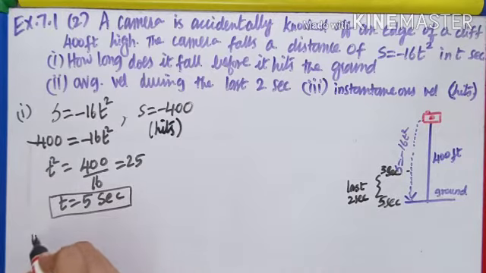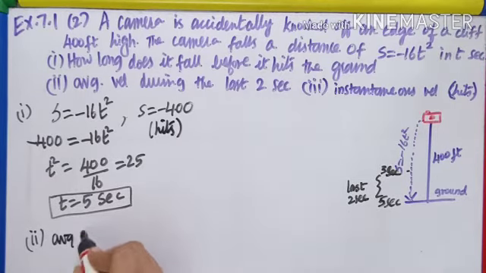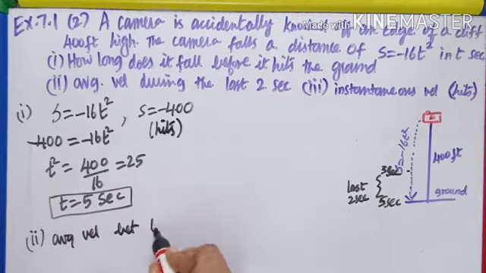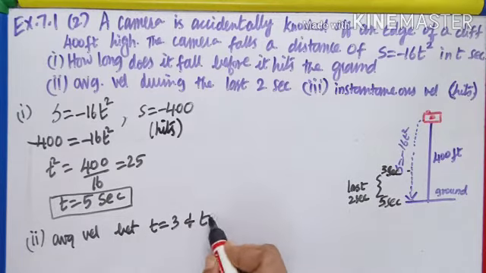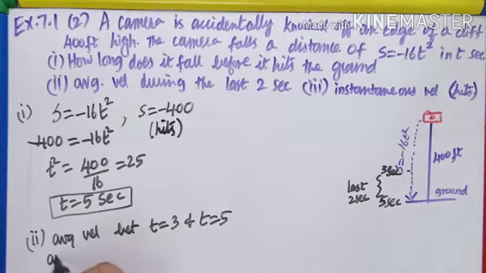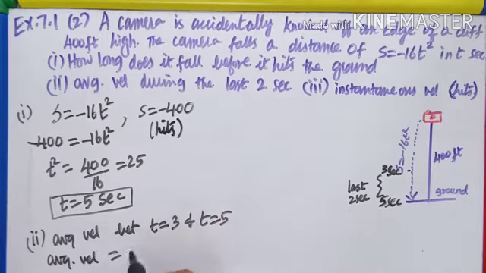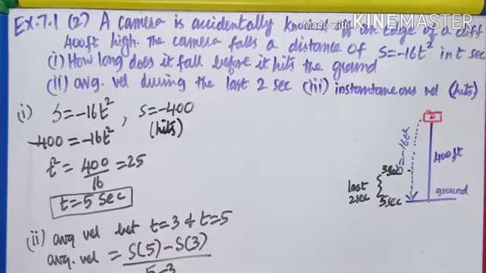So we have to find average velocity between t equals 3 and t equals 5. What is the average velocity formula? It is s of 5 minus s of 3 divided by 5 minus 3.